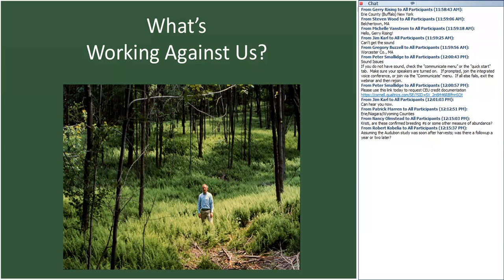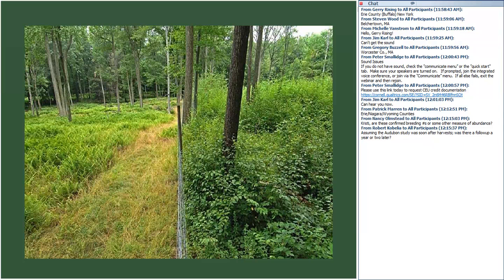So we have a number of things preventing us from establishing these different layers, and one of the biggest ones is deer. To give you another example, this slide shows the area on the right and the area on the left are both part of the same harvest. They were harvested similarly, the same amount of overstory was removed. The only difference between the right and the left is that on the right-hand side, deer are excluded.